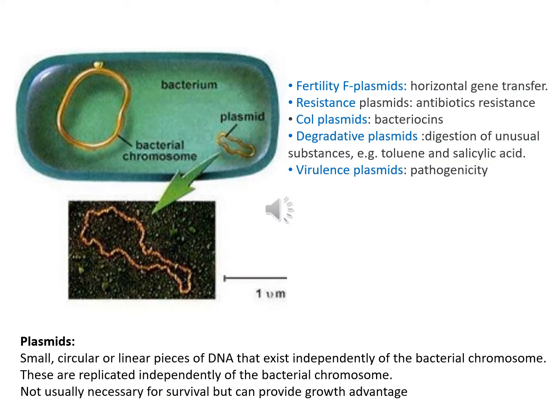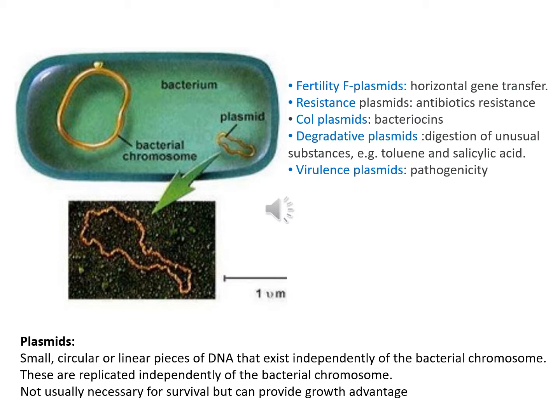The extrachromosomal element, also called plasmids, are small circular or linear DNA molecules. These exist independently of the chromosomal element. The plasmids replicate independently of the chromosomal element. The plasmids carry genes that are not essential for the survival of the bacterium.